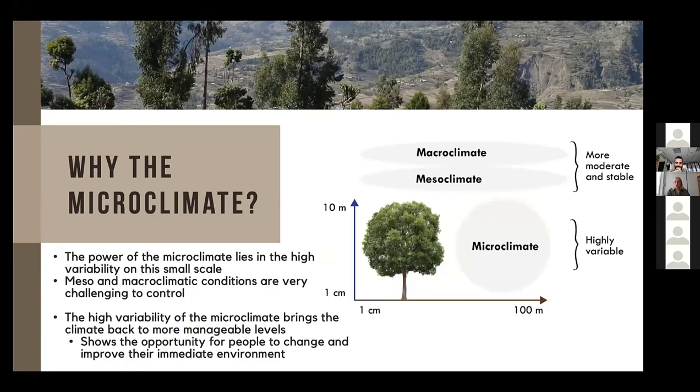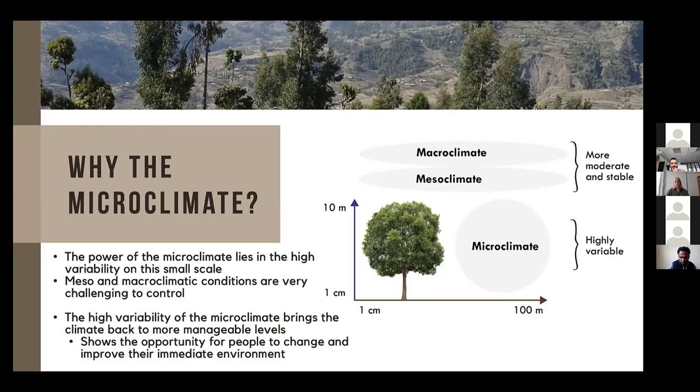The power of the microclimate lies in the high variability on the small scale. On a higher atmospheric level, more mixing processes are active, which is why the mesoclimate and the macroclimate are more moderate and more stable. There's not much variability in that.